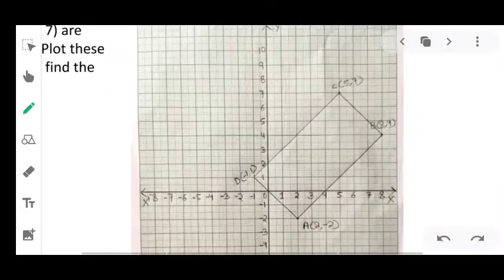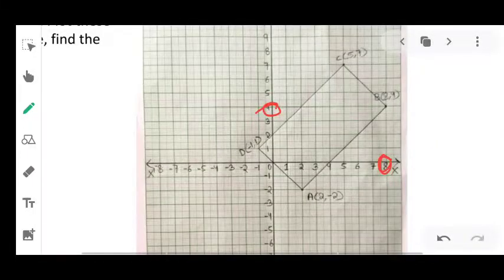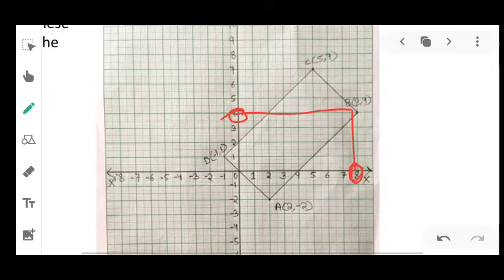So find out 8 on the x axis. This is the 8 on the x axis, then (8, 4). So find out 4 on the y axis. So this is 4. Now draw the two lines. These two lines intersect at this point, so this will be B (8, 4).